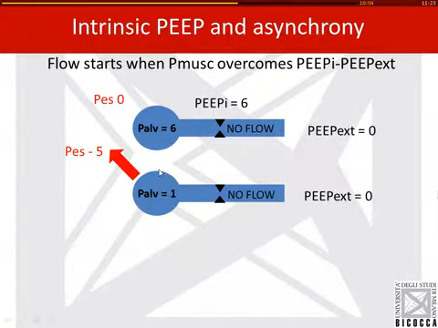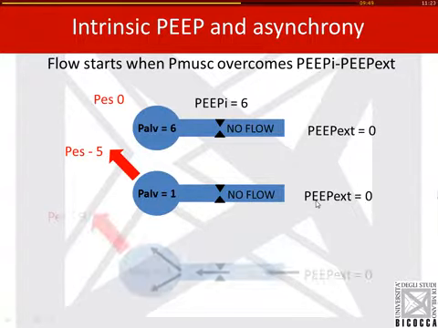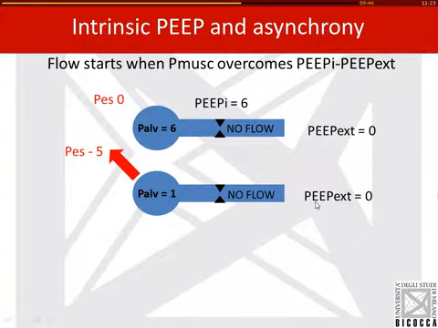Now I'm this patient, and now I want to start to breathe. If I start to pull with my muscles, everything I obtain, now I generated 5 centimeters of water of pressure, and the only thing I achieved is that I decreased alveolar pressure. But because the alveolar pressure is higher than the pressure in the ventilator, the flow will never, ever move from the ventilator to the alveolus. I will not be able to trigger the ventilator.